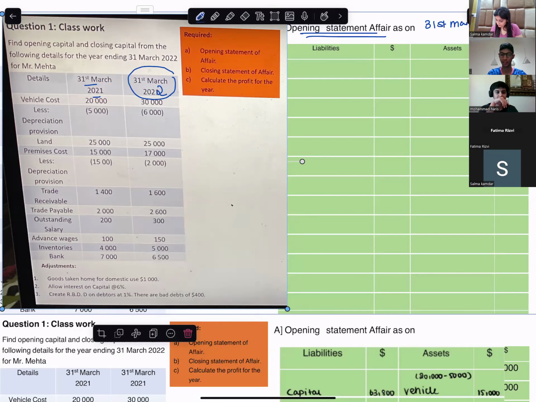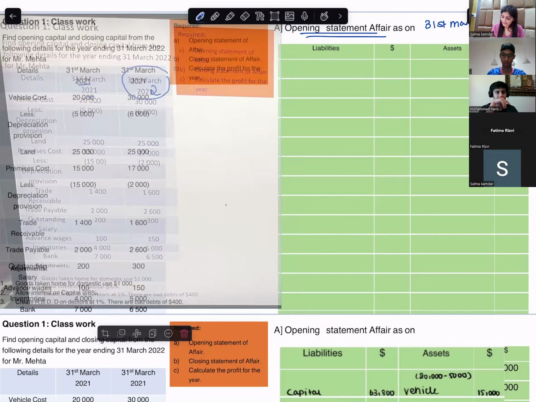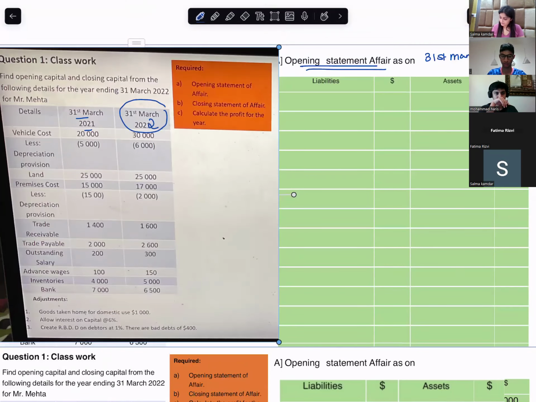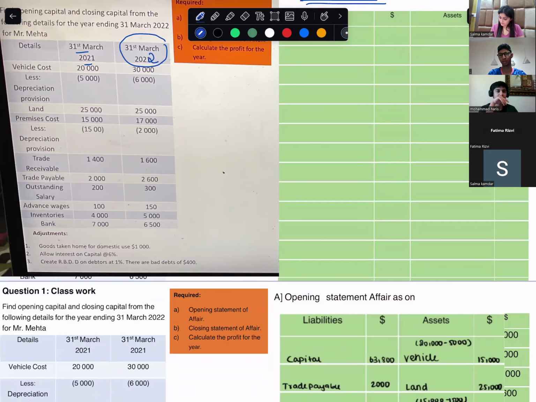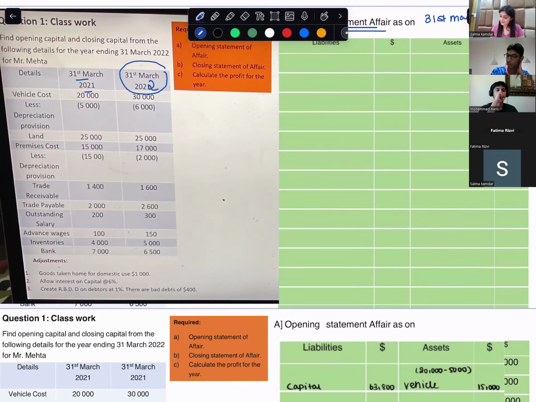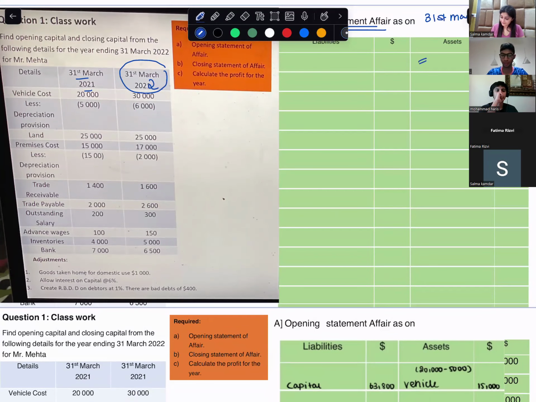You just add all of the assets and liabilities. That's it. Vehicles at cost is what? Vehicles at cost is a non-current asset, so you'll write it on the asset side. We want to find out the opening capital, so we will directly adjust this.